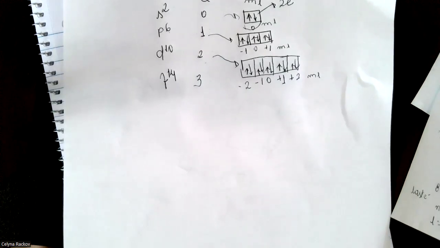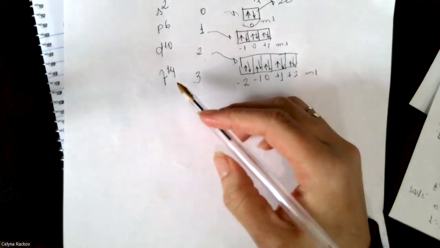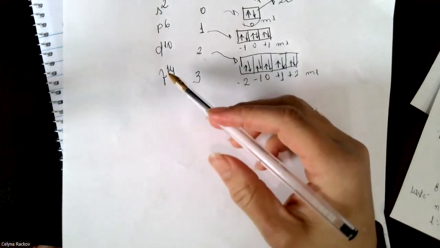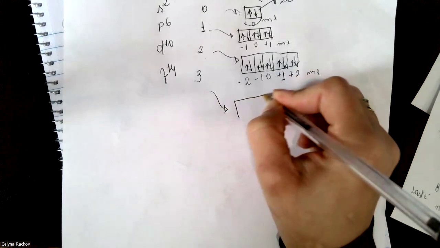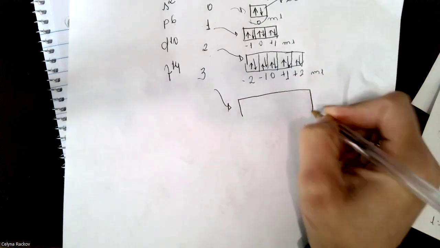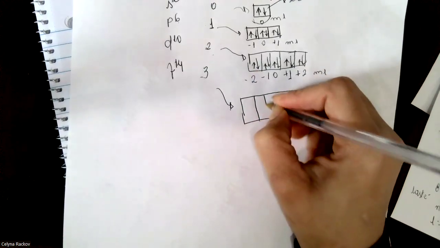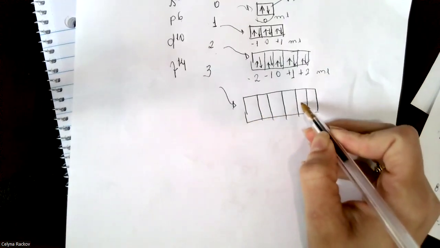All right. And for F, how many orbitals will you have in the subshell F? If F holds up to 14 electrons, how many orbitals are we going to have here? So 14 divided by 2, 7 orbitals. 1, 2, 3, 4, 5, 1, 2, 3, 4, 5, 6, 7.